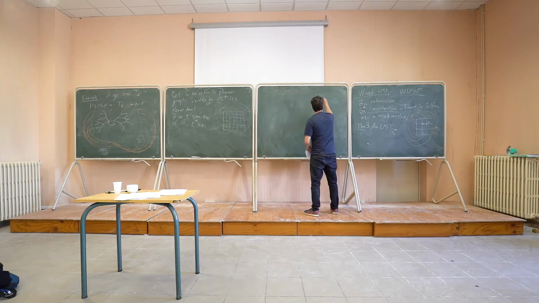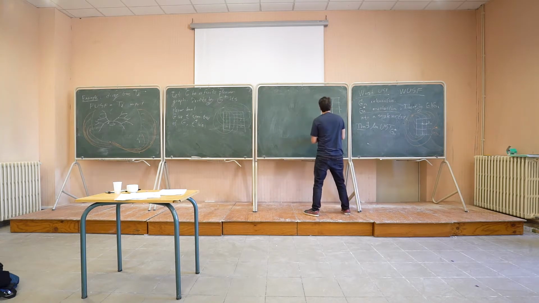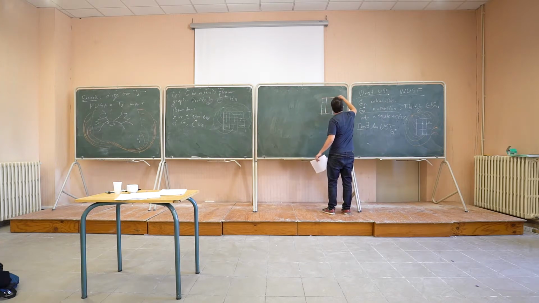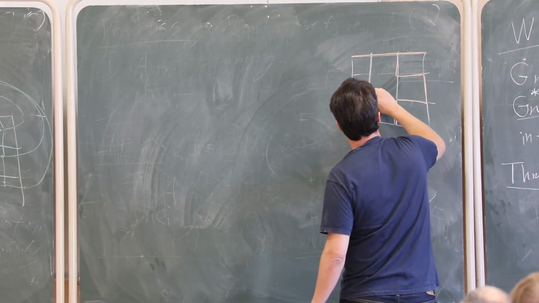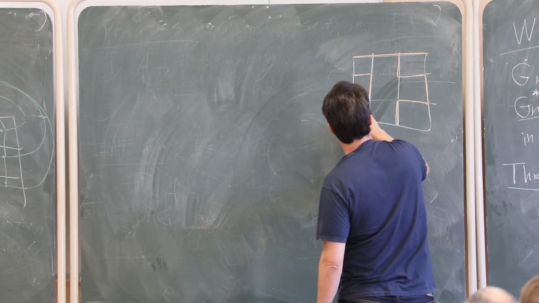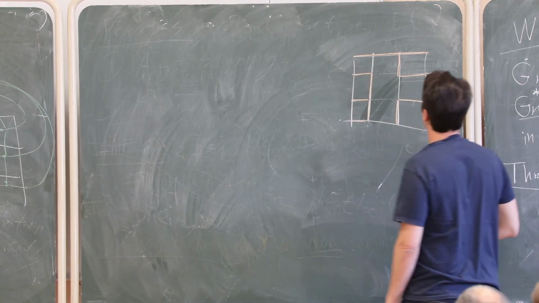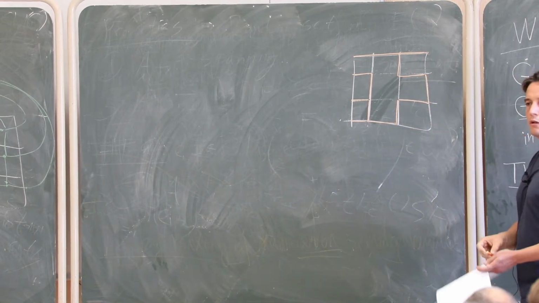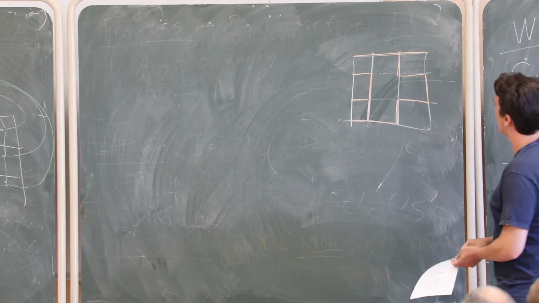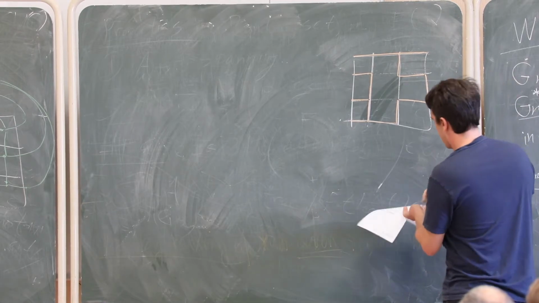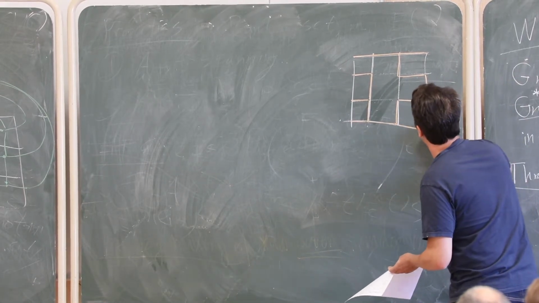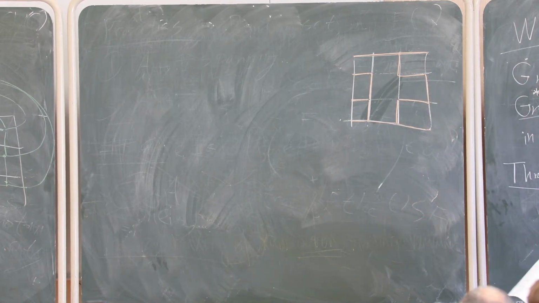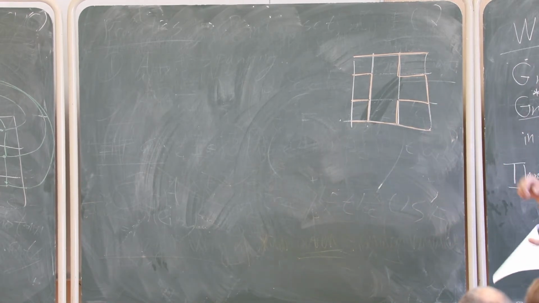Let's draw another picture here. So if this was my graph, let's take a spanning tree. It is not a spanning tree yet. Now it's a spanning tree. Okay, so now the orange edges are a spanning tree of my finite graph.